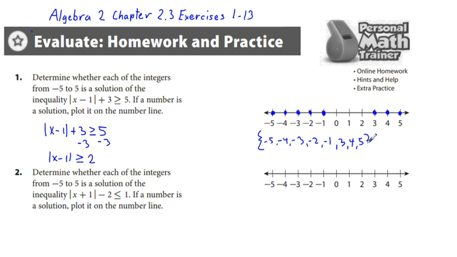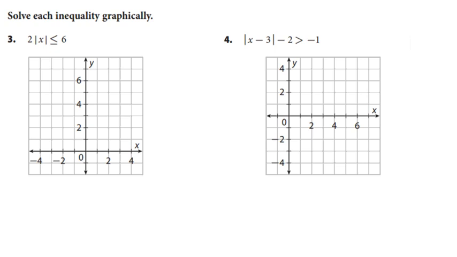Set notation. And we could say x equals. There we go. Let's go to the next odd number problem, which is 3.